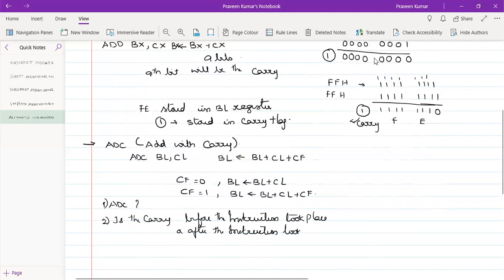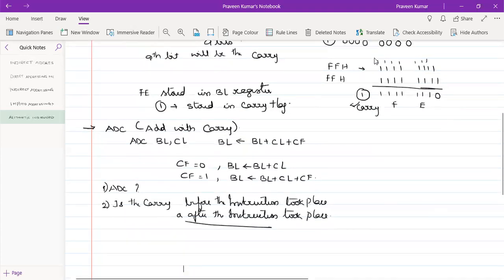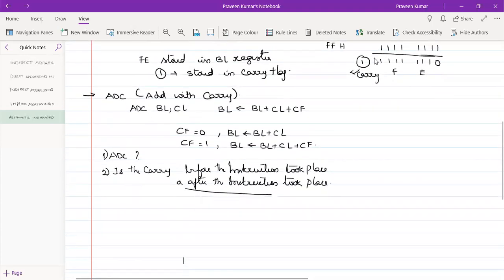So we'll take the first scenario. If this is the carry after the instruction took place, how can it be? I will take an example, 8 plus 6. It will be equal to 4, and there is a carry over here.